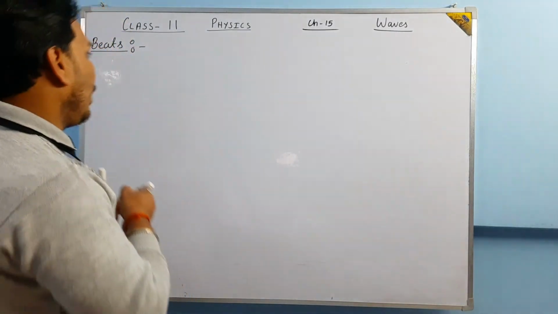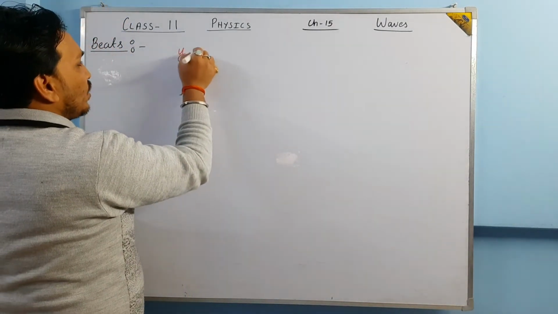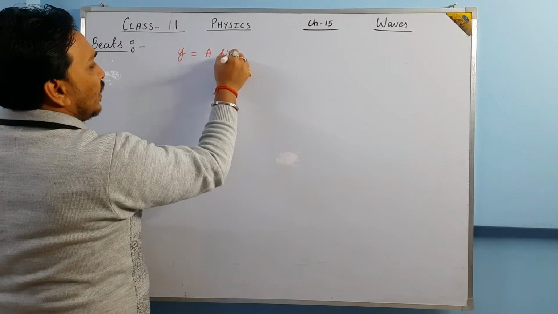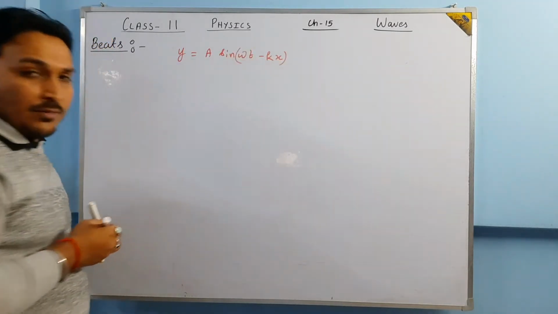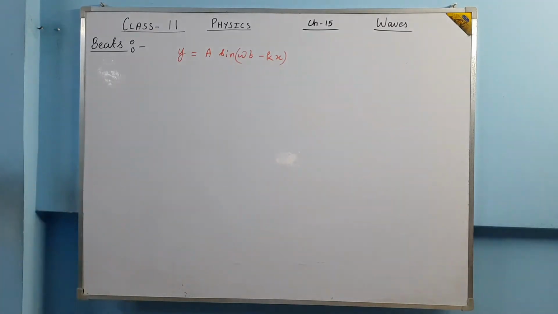The equation of a wave is y equals a sine omega t minus kx. But the point at which the superposition is taking place is constant, right? So I'll just ignore the part kx.